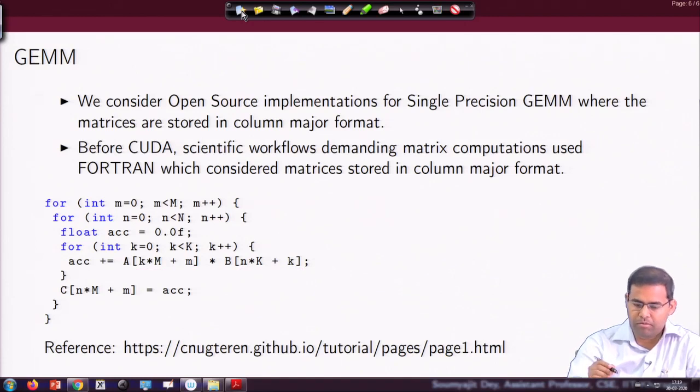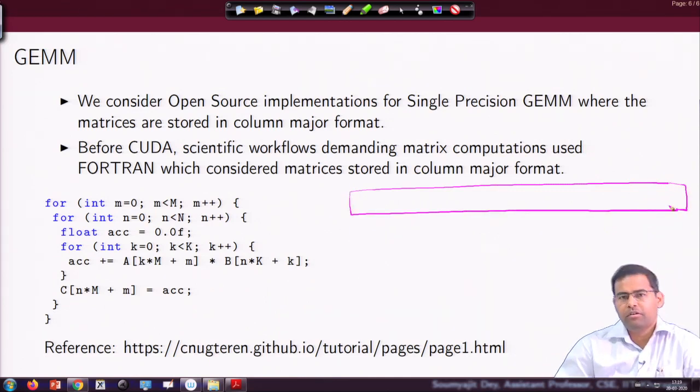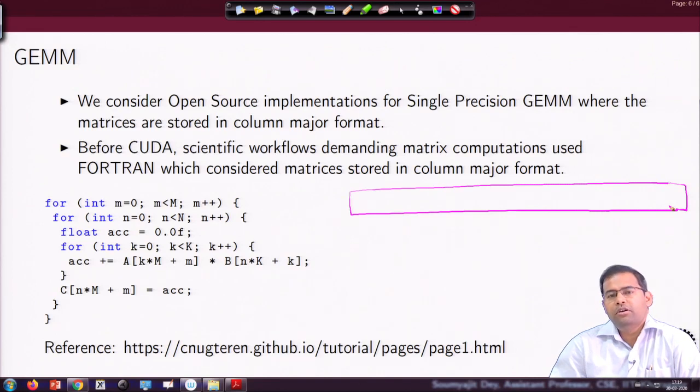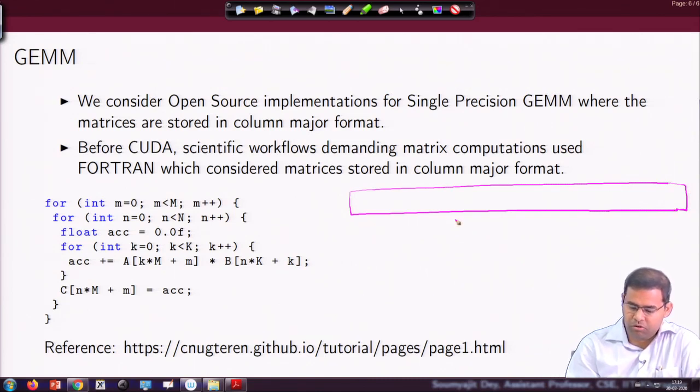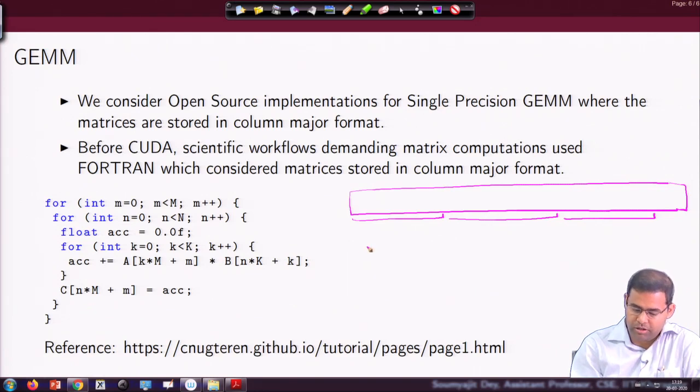But just to have a clearer picture, consider the real arrangement of the data. In memory you have everything stored in a consecutive block, and for our usual C or similar style languages we have row major format. That means you have a row followed by the second row, in that way. But now, since we are considering column major format, what does that really mean?